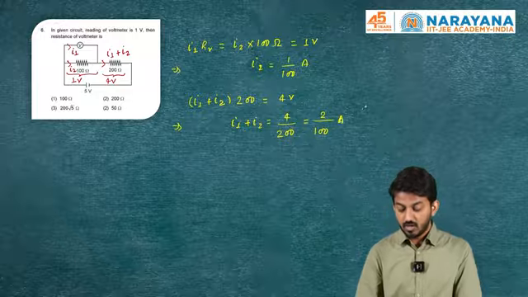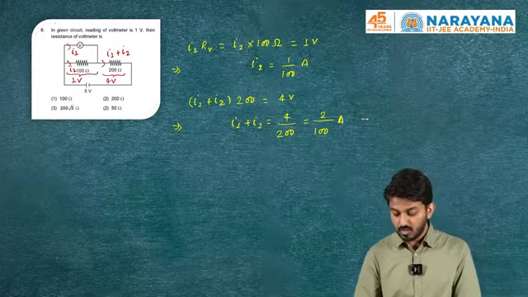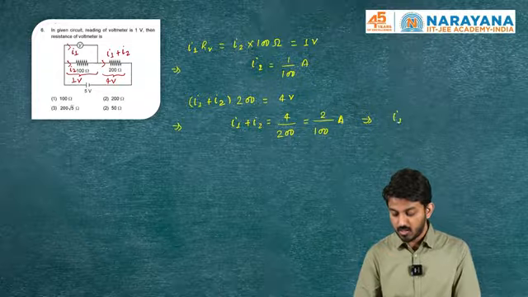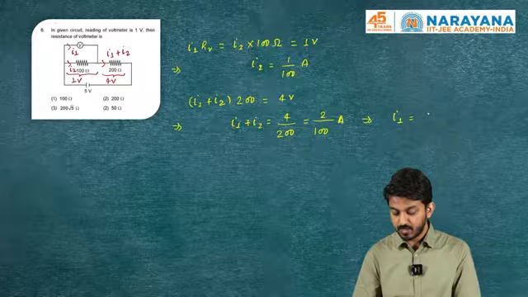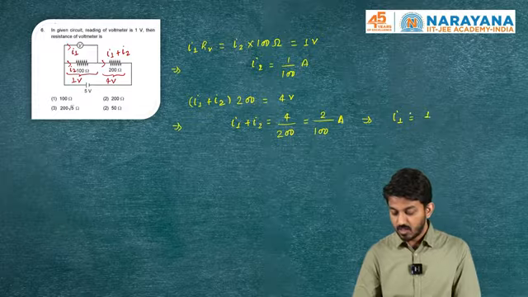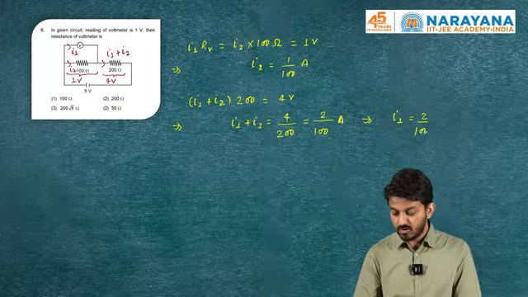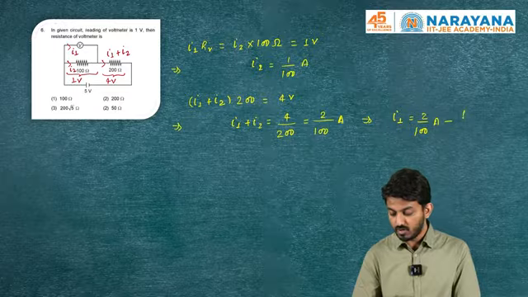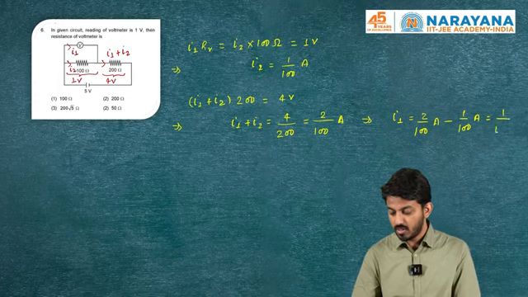Like this. Now I2 value is known to us, so this implies I1 is equal to 2 over 100 ampere minus I2, which is 1 over 100 ampere. Finally we are getting 1 over 100 ampere.